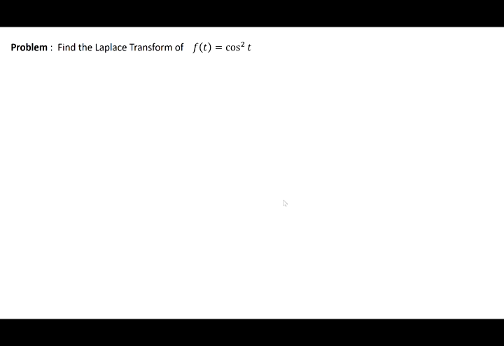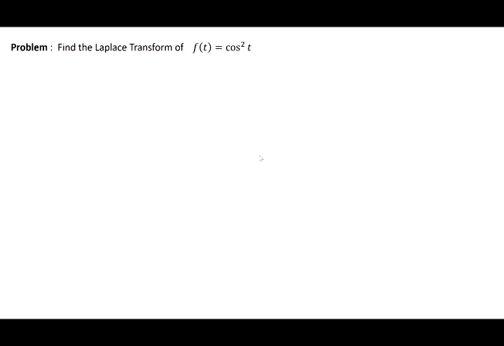Because when we are asked, find Laplace transform of cosine square t, the same thing applies even when you're doing integration. If I ask you, hey, what's integral of cosine square x dx? There is no simple way. And do not tell me, hey, integral of cosine x is sine x, man, so integral of cosine square x is sine square x. No, it's not. Big time no. Right? The same thing here.